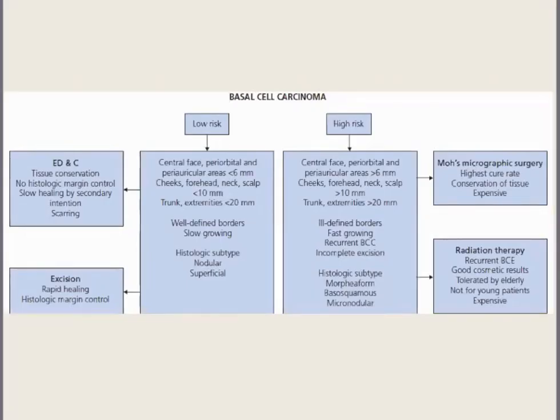Any treatment of course, electrodesiccation and curettage. The scheme of treatment of BCC and its details are required from you. In brief, the treatment is according to low risk to high risk: electrodesiccation and curettage, excision, Mohs micrographic surgery, which is the conservative surgery, and radiotherapy.